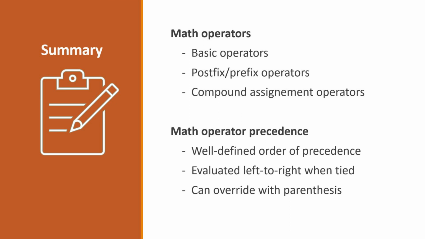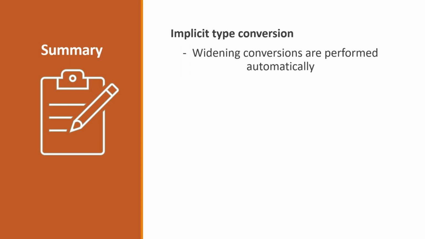As we deal with the different data types within our application, there are going to be times when a conversion needs to occur. There are 2 broad categories of conversions. We have the implicit type conversions, which are the ones the compiler can perform for us automatically. Those are the widening conversions, going from a narrower type to a wider type. Remember, we also have explicit type conversions.